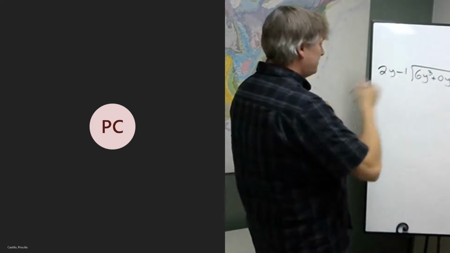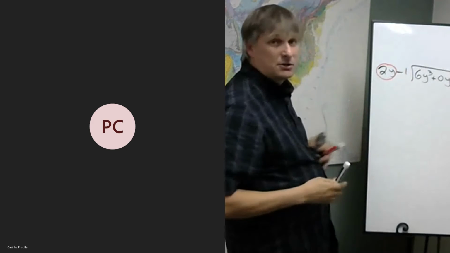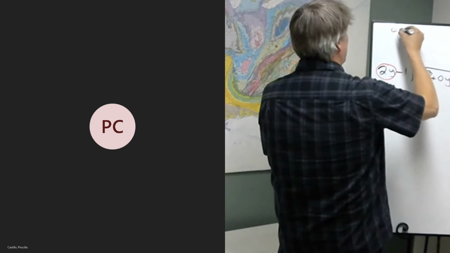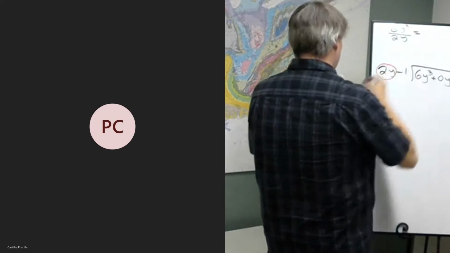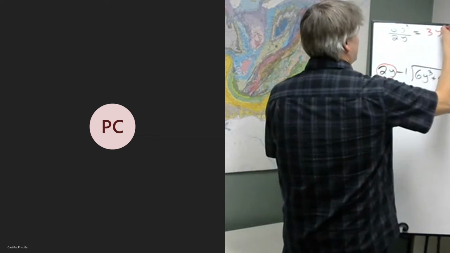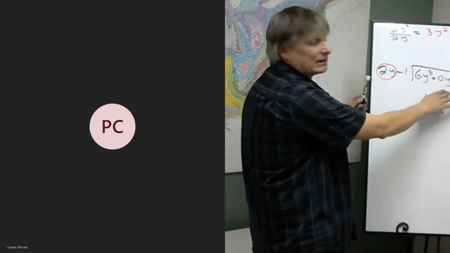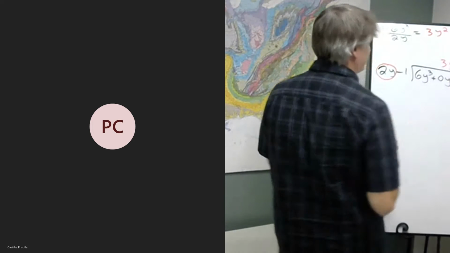So again, we're going to be working with lead terms. So 6y cubed divided by 2y, that'll be 3y squared. So in the y squared spot, which we had to insert, we get 3y squared.